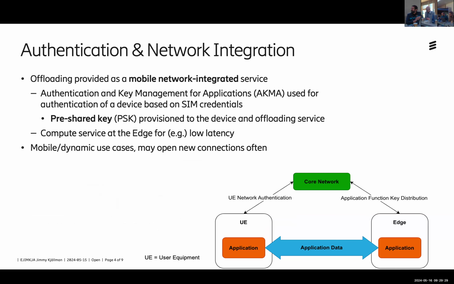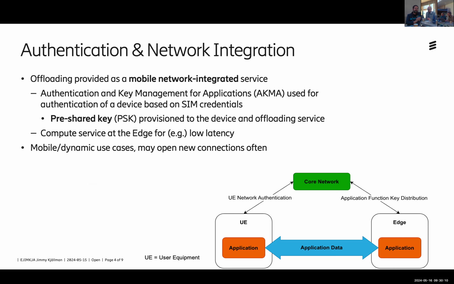So then we get a bit more to the specifics of this network integration. We plan to potentially offer this as a mobile network integrated service. And one thing that the network can provide is authentication of both sides, so that a device that wants to use an offloading service should of course be authenticated to that service, but then also the device has an interest to know that the offloading service is an authentic offloading service that it can trust.